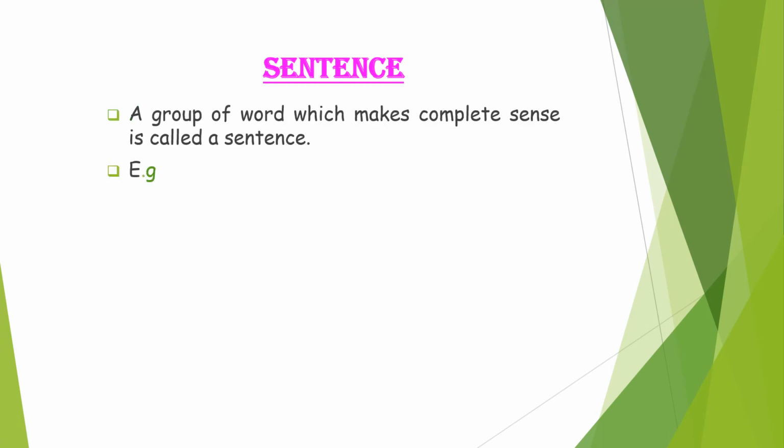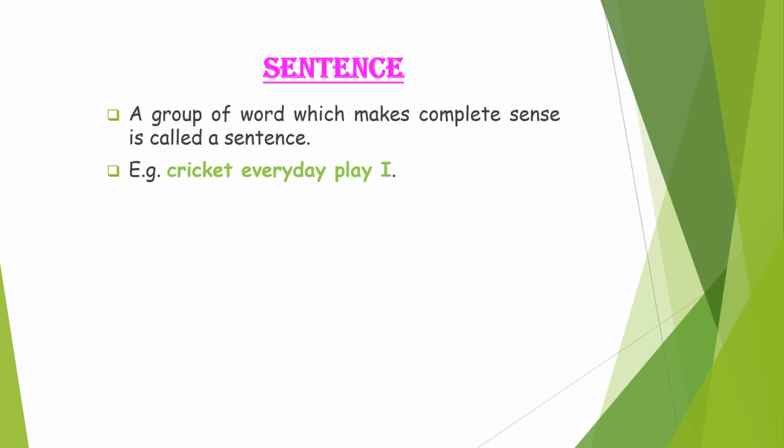Now let us move on to our next part, that is sentence. What is a sentence? A sentence is a group of words which makes complete sense. What does this actually define?